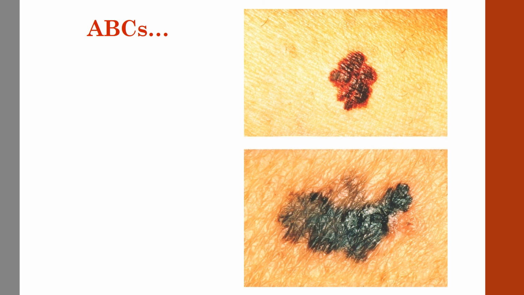There's some inflammation already going on here, but it's not really symmetric. It's irregular. The borders are irregular. So I would definitely refer this patient ASAP to a specialist who can deal with it.